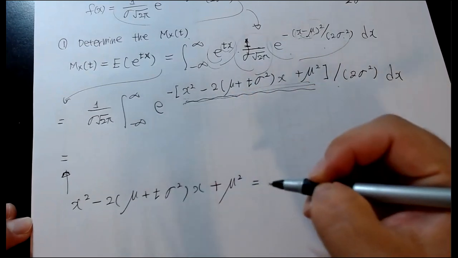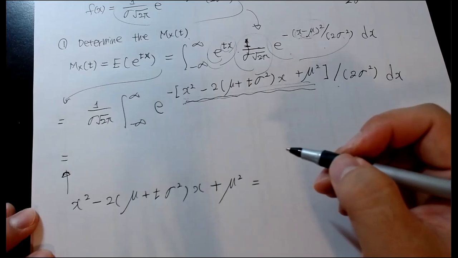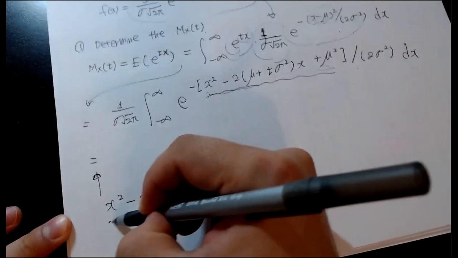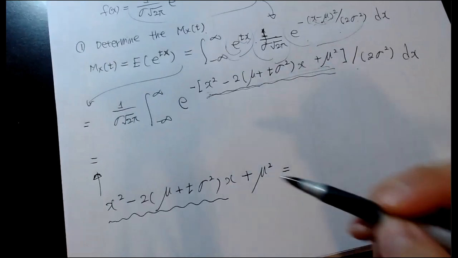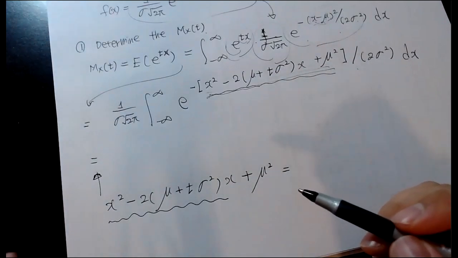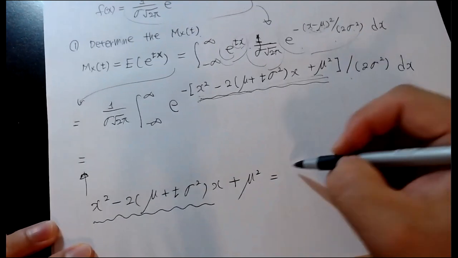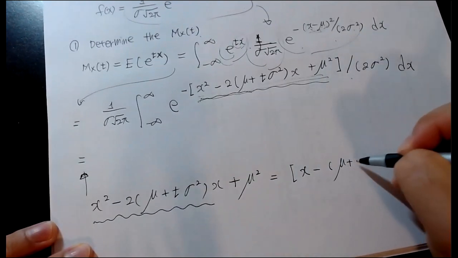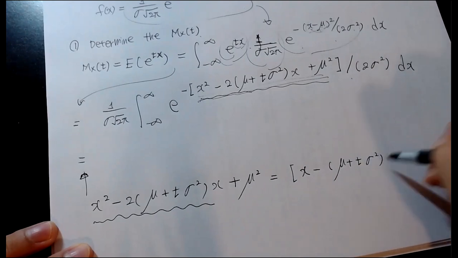That is equal to... first one. You see, I want to get the perfect square form for those terms. So first one, let me write down (x minus (mu plus t sigma square)) squared.